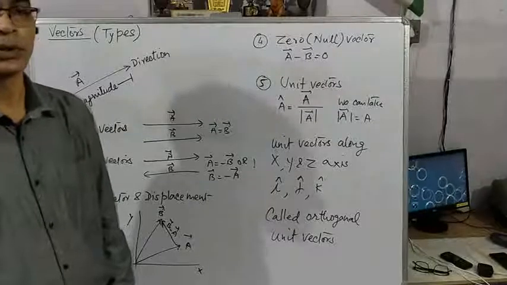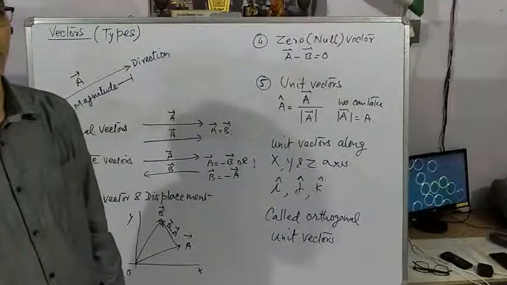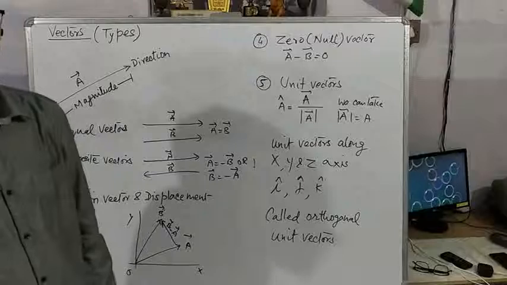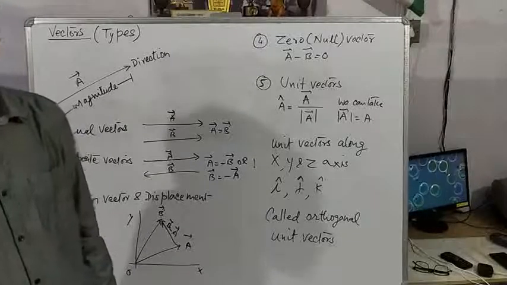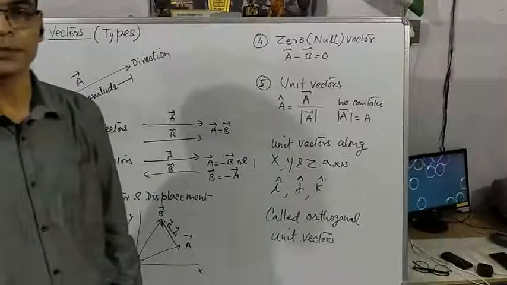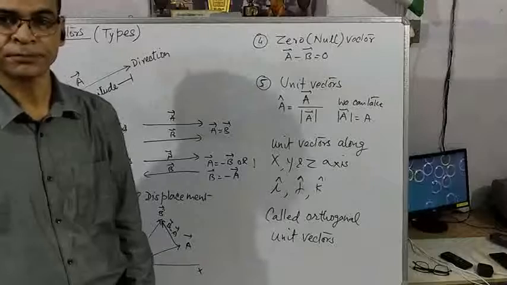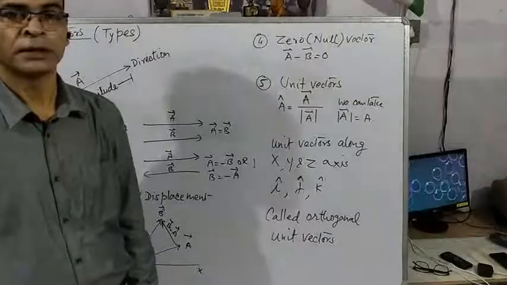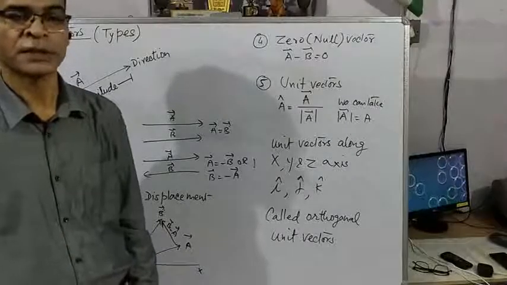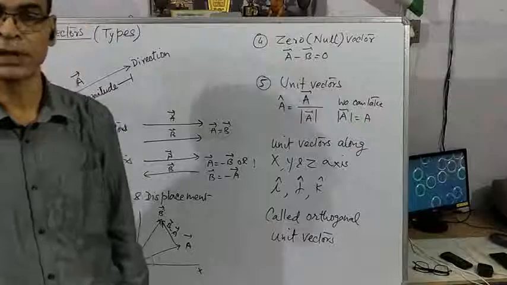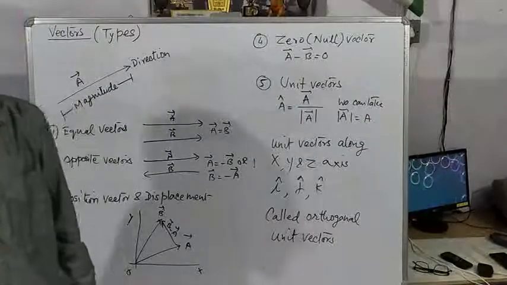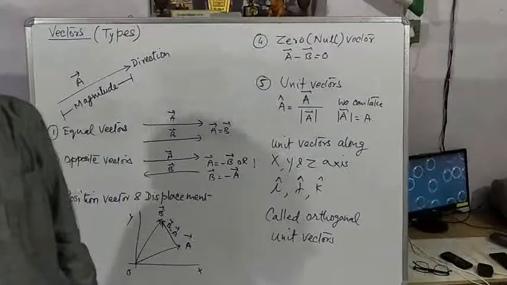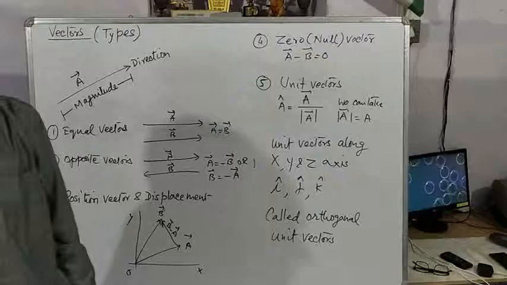Suppose you have to represent a displacement of 100 meter. You know that displacement is a vector quantity. So to represent displacement, you assume some suitable scale. For example, 20 meters equal to 5 centimeter.